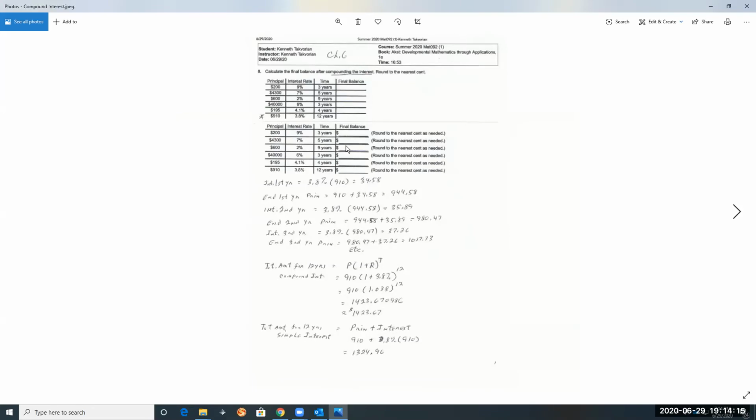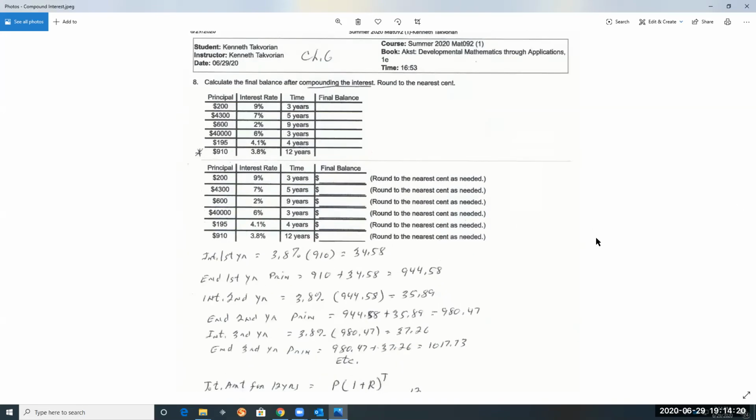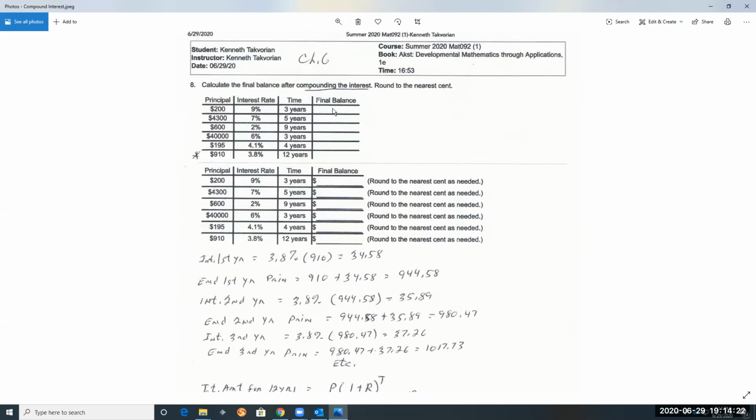Let's examine compound interest versus simple interest. This problem is asking for the final balance after compounding the interest to the nearest penny or cent. Let's do this for a principal of $910 with an interest rate of 3.8% for 12 years.